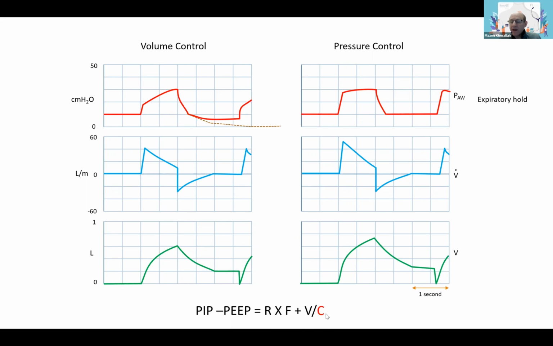If the compliance is improved, you see a larger tidal volume put in because the compliance is better now. So in the first, we put only 300 ml. In the second one here, we put 380. So that means if you put more air in, a percentage of that is going to leak out. So the leak amount on pressure control is going to be higher than the leak amount on volume control.